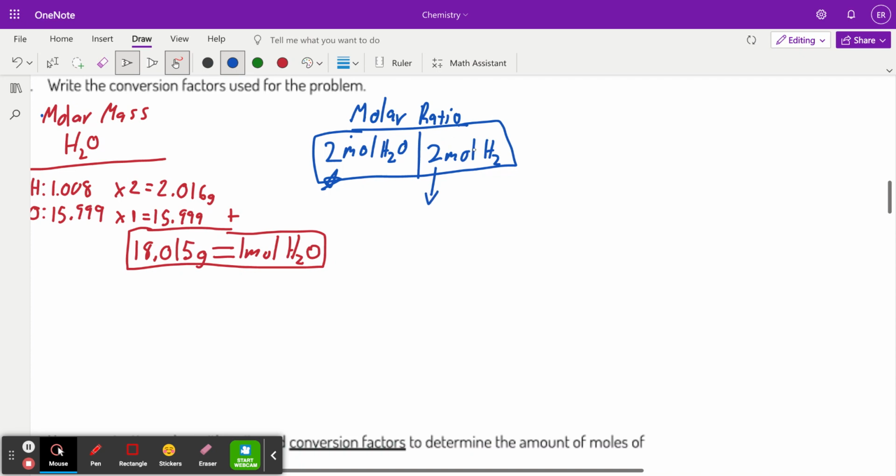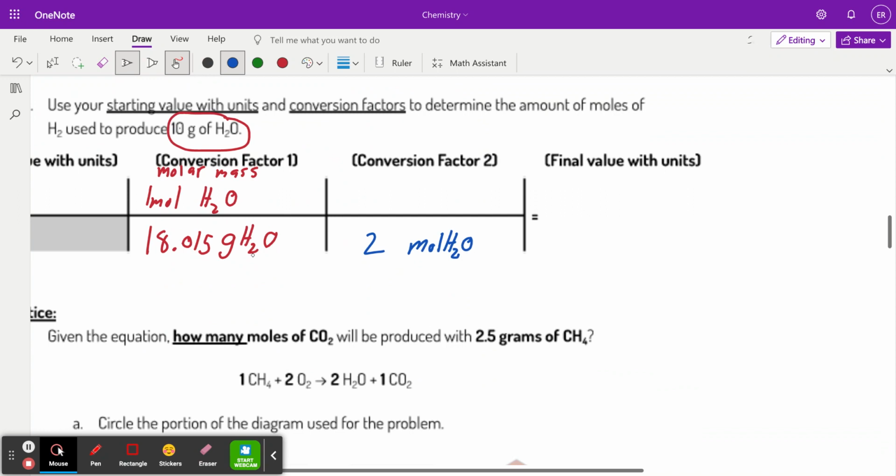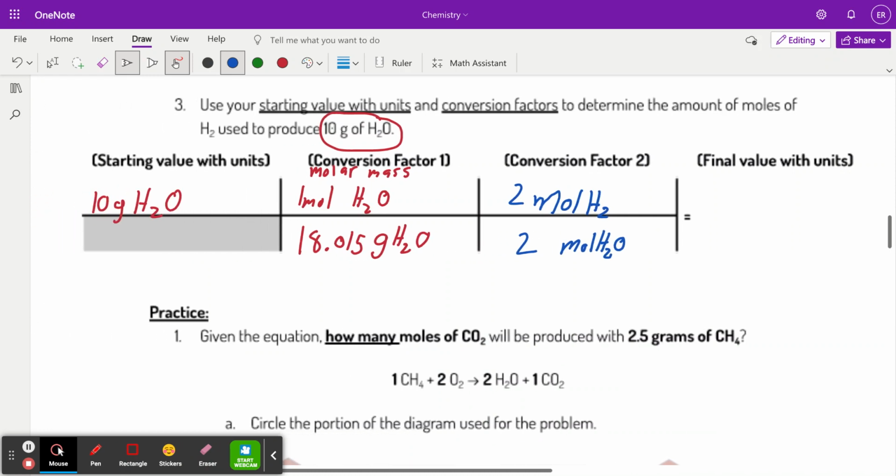And so this one is going to go on top, 2 moles of H2. Okay, so now the only thing that's left is putting it into the calculator.